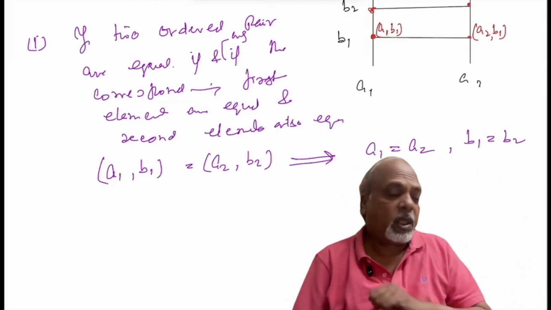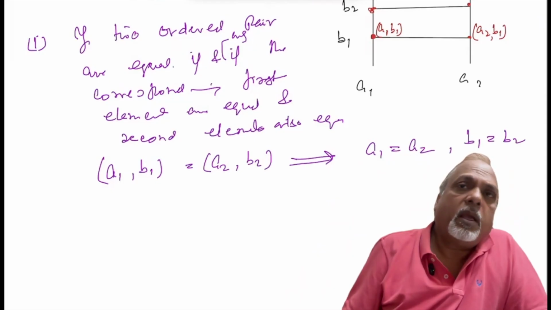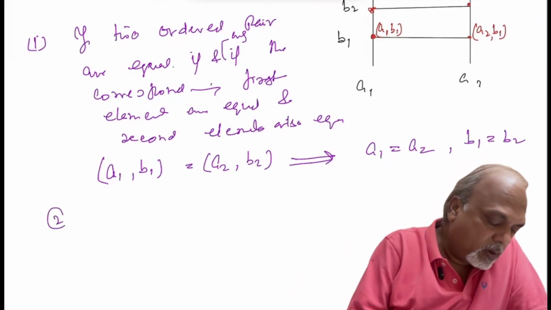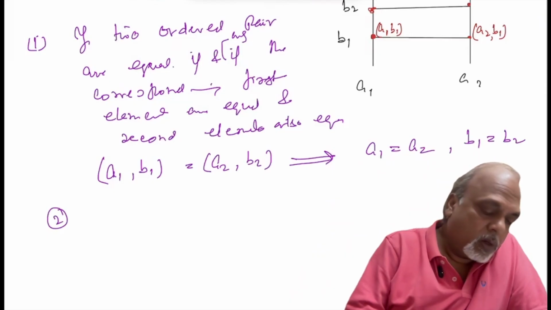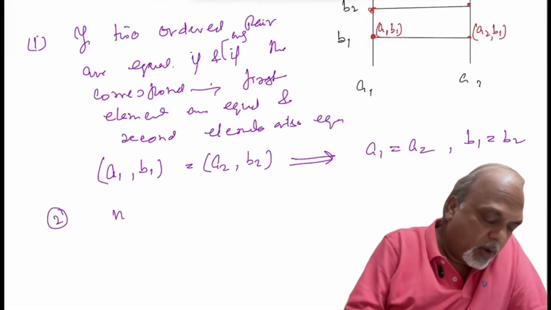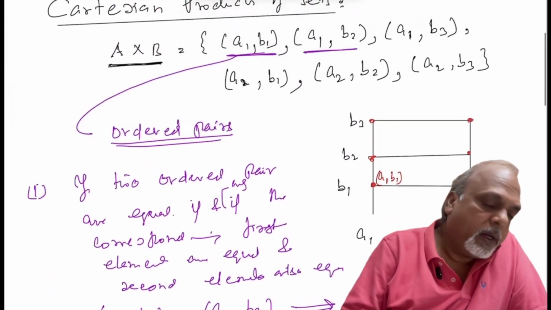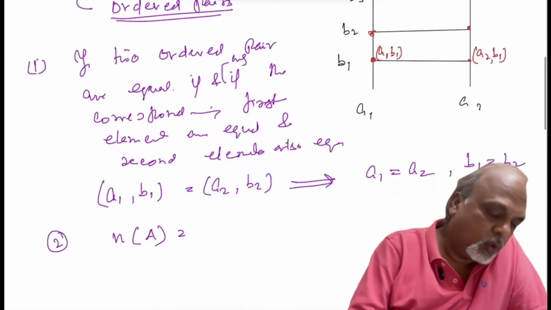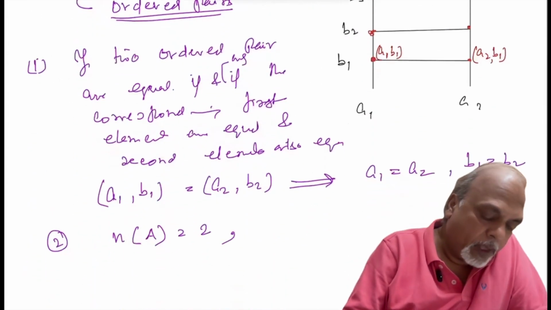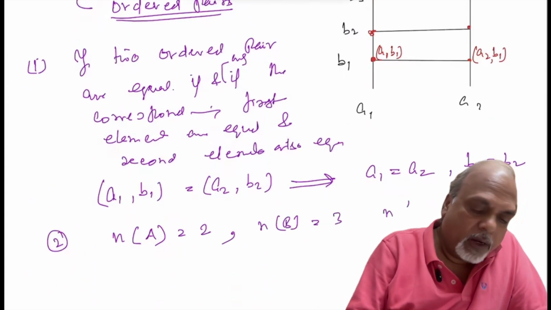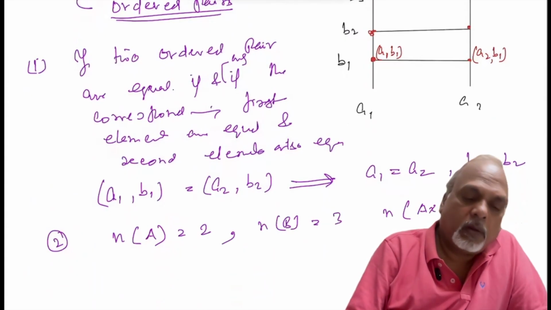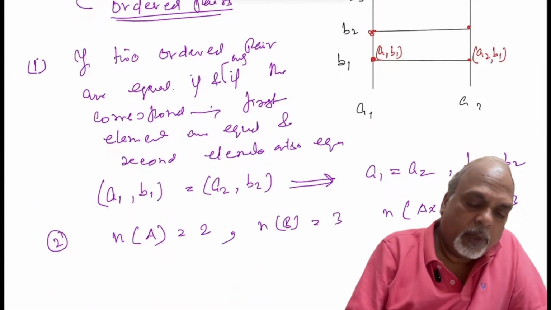Correct? Here, if you see, suppose you have the number of elements in set A. Here, basically, the number of elements in set A is 2 and the number of elements in set B is basically 3. Then the number of elements in your Cartesian product must be equal to 2 into 3, means 6.